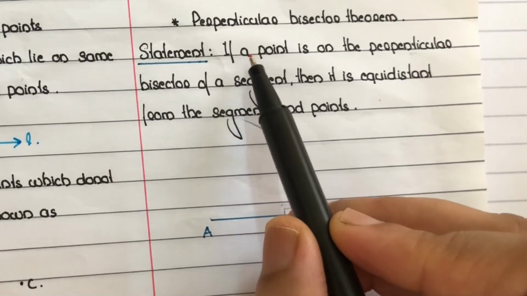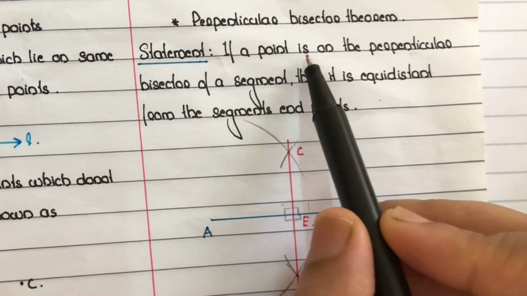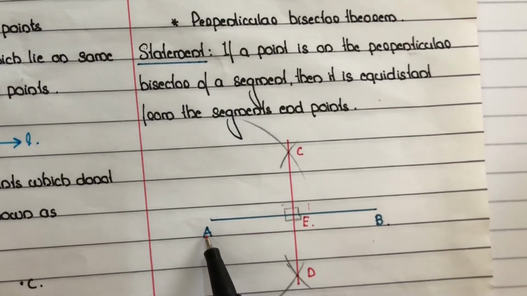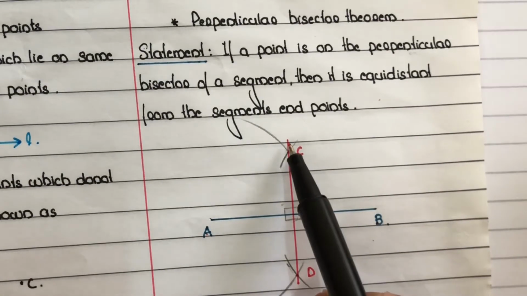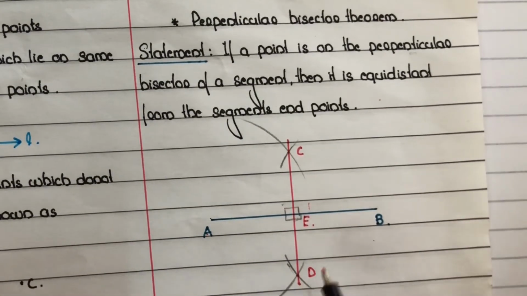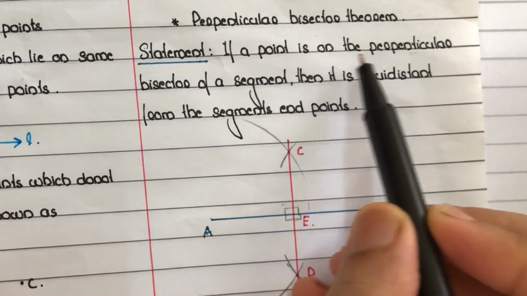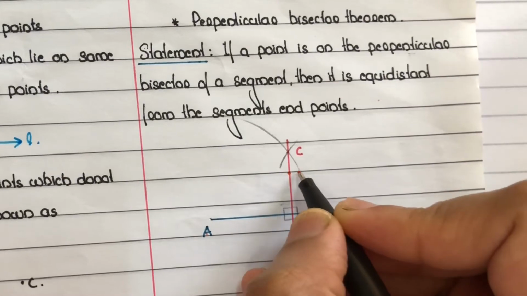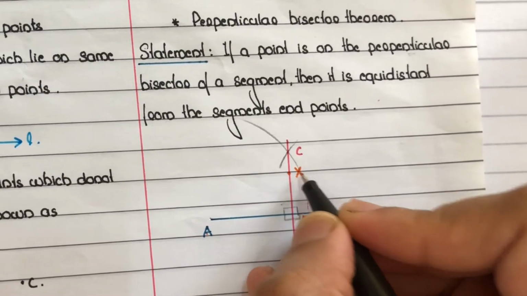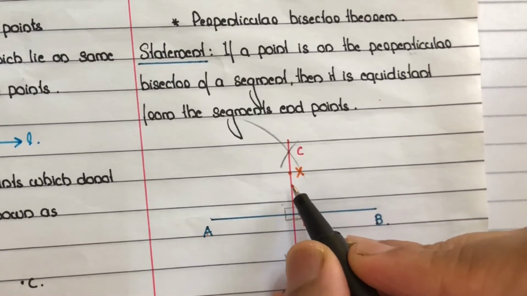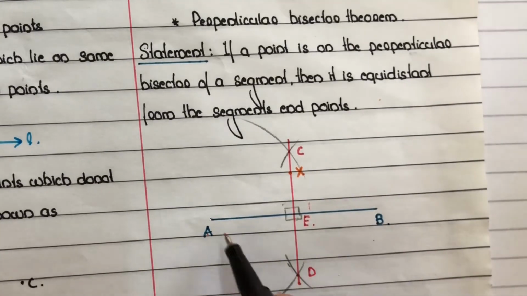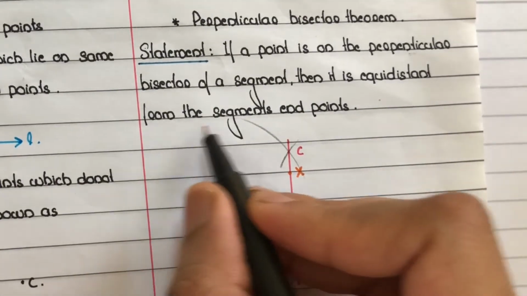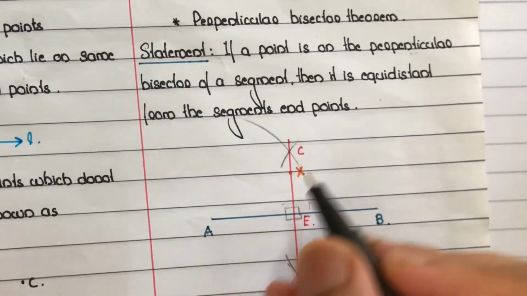Perpendicular bisector theorem states that if a point is on the perpendicular bisector of a segment, here our segment is AB and perpendicular bisector CD. So if a point is on the perpendicular bisector, let it be X. Then it is equidistant from the segment's endpoints.